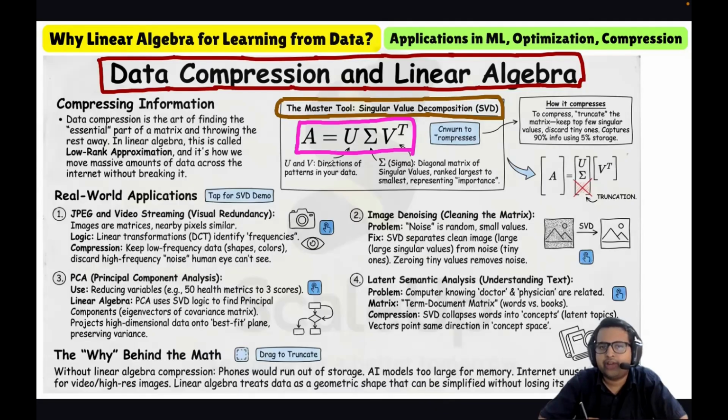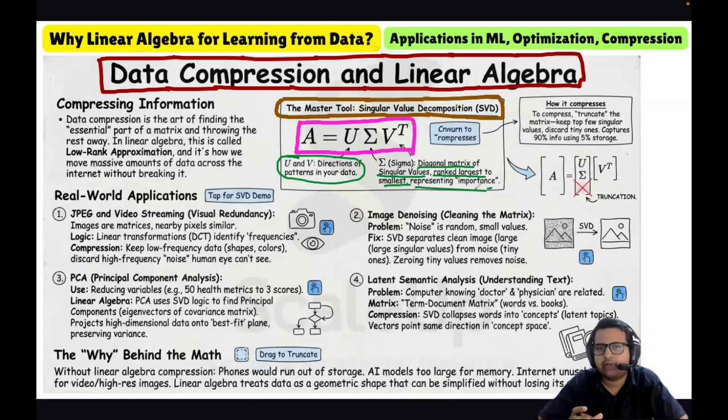Here U and V are the directions of patterns in your data. Sigma is a diagonal matrix of singular values, and these singular values are ranked from largest to smallest, representing the importance of each pattern.